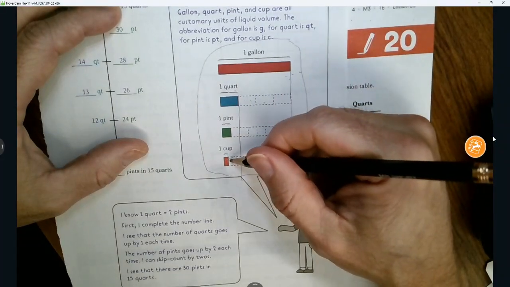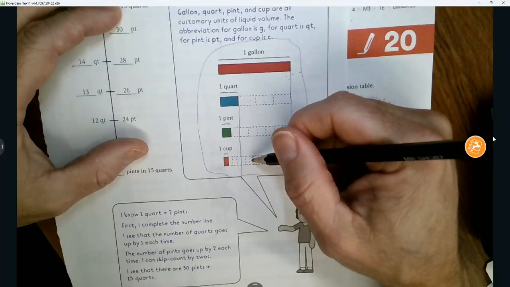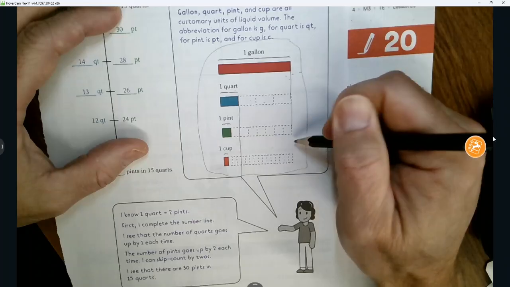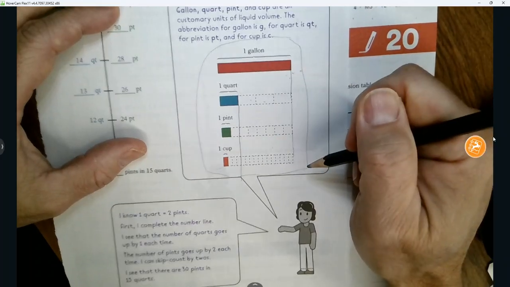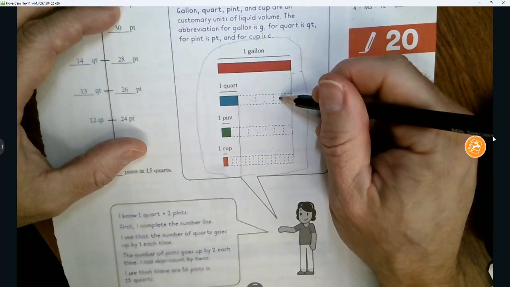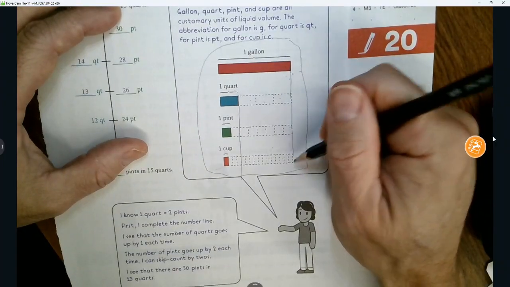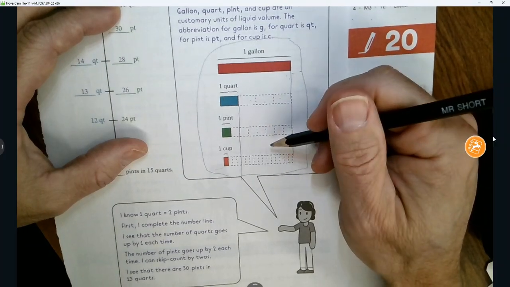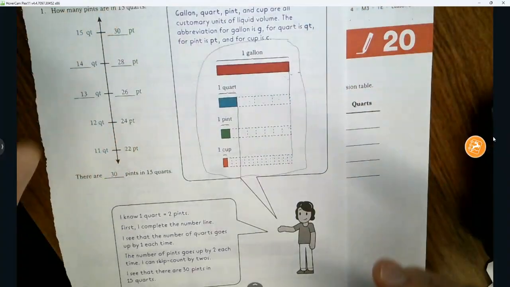And 1 gallon would be 16 cups. Got it? 1 gallon, 4 quarts, 8 pints, 16 cups. That chart right there is all you need to know to figure this out.